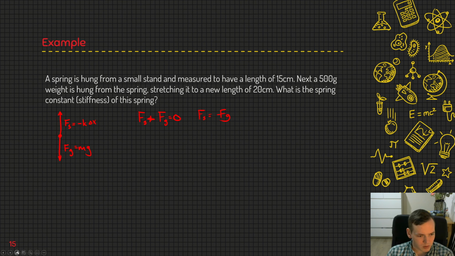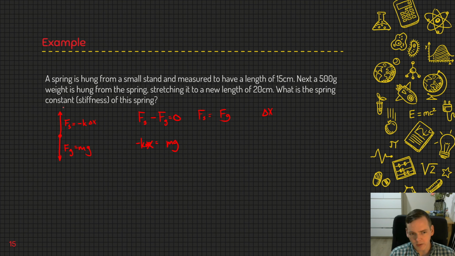But that's wrong because that should be a minus because it's pointed downwards. So F_s equals F_g. Sorry for that lack of clarity. So negative kx is equal to mg. Now our delta x is going to be how much we stretch this by.